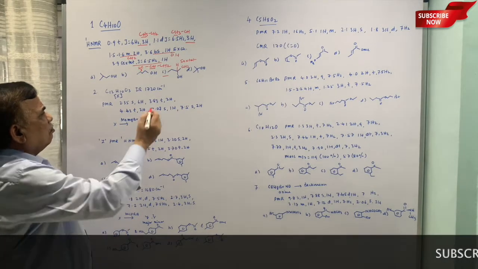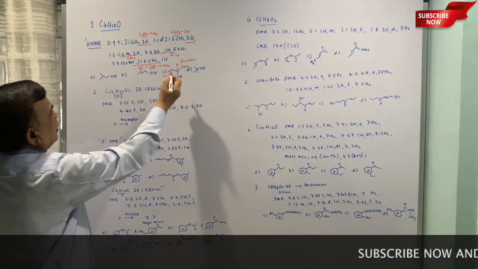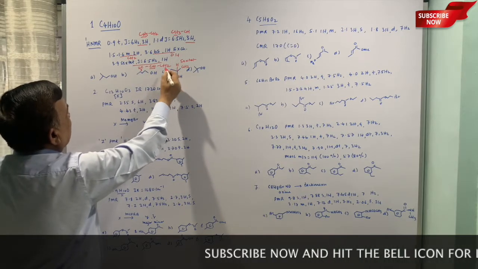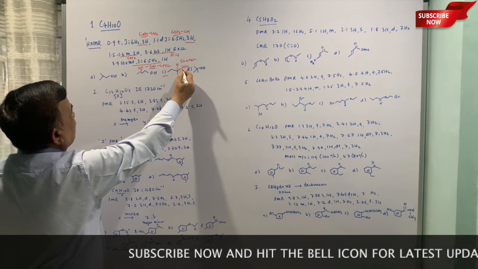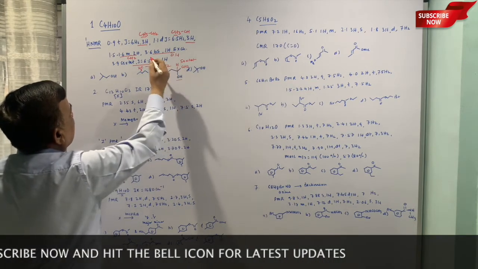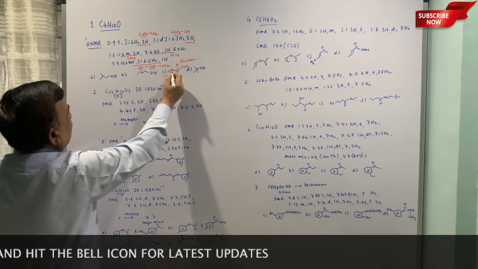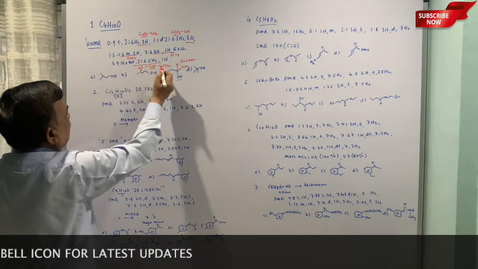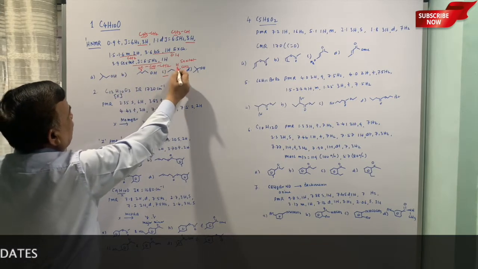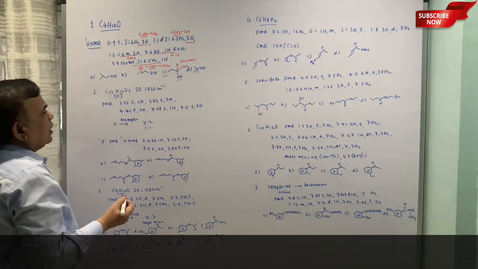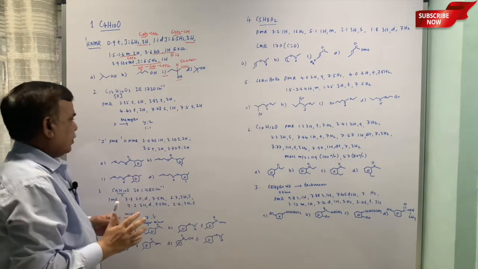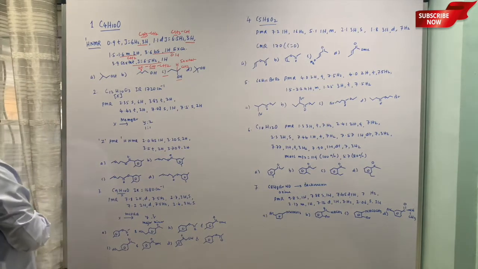So this is the correct one. 0.9 triplet is this methyl, 1.1 doublet is the second methyl, then OH is the exchangeable proton, and this CH2 is a multiplet in this range, and 3.9 sextet.